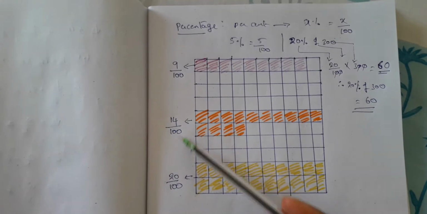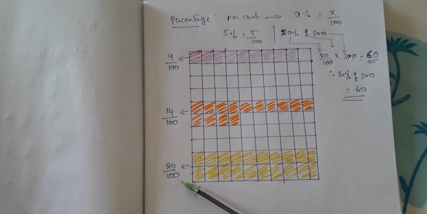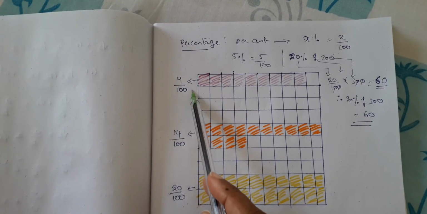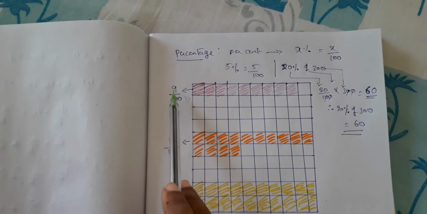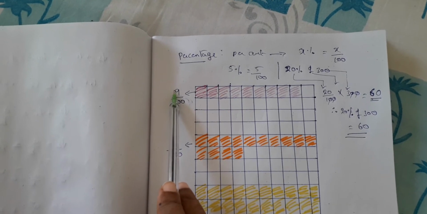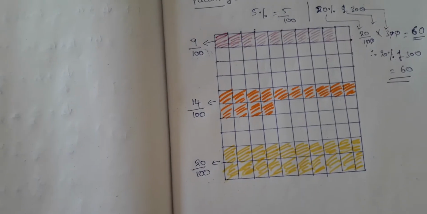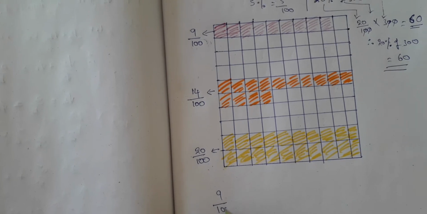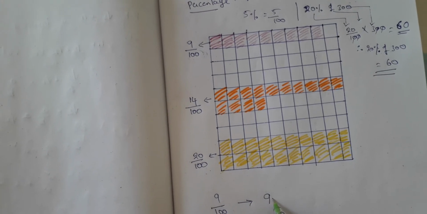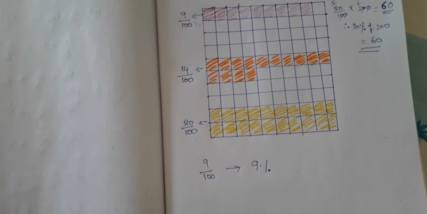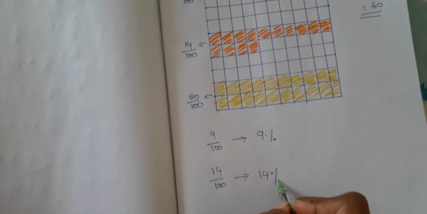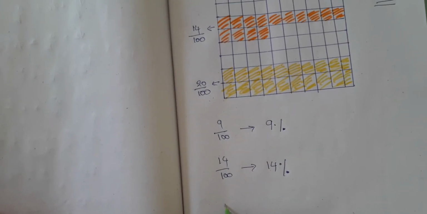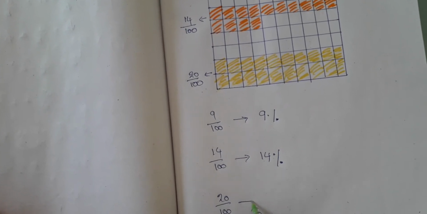Now the same thing if you have to write in percent. Already it is per 100. When it is per 100, I can write it directly as 9%. 9 by 100 can be said as 9%. 14 by 100 can be said as 14%. 20 by 100 can be said as 20%.